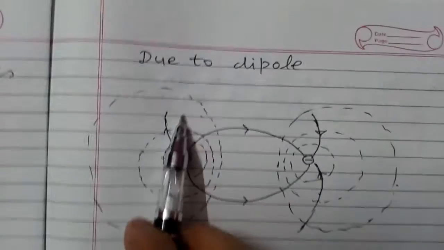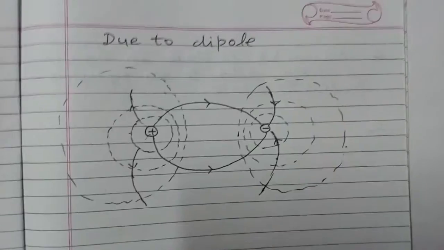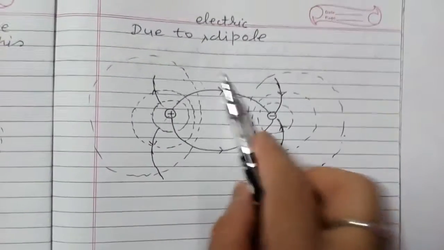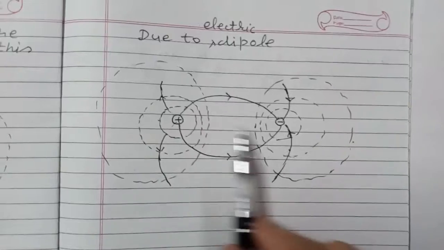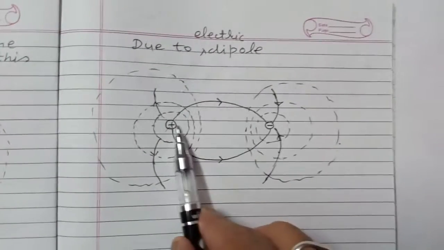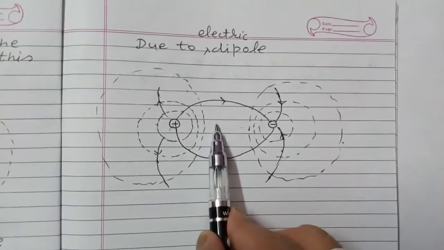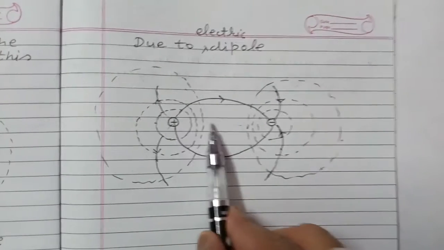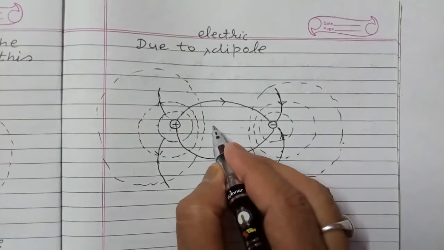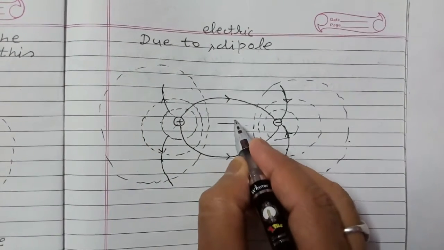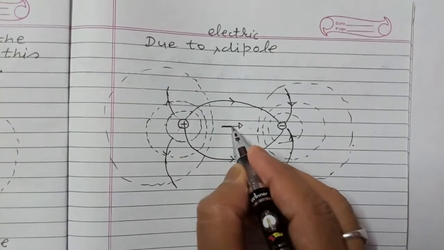Now you may draw the equipotential surfaces due to an electric dipole. So equipotential surface due to electric dipole, this is an electric dipole, this is plus charge and this is minus charge. Now field between the charges will be more because they add up. Suppose take a point here, field due to plus q charge is in this direction, and field due to this minus charge is also in the same direction.